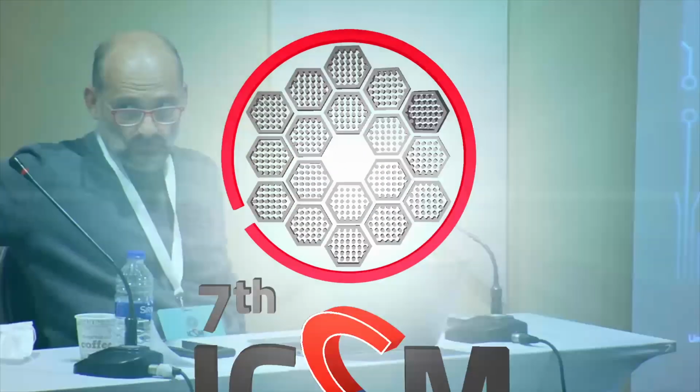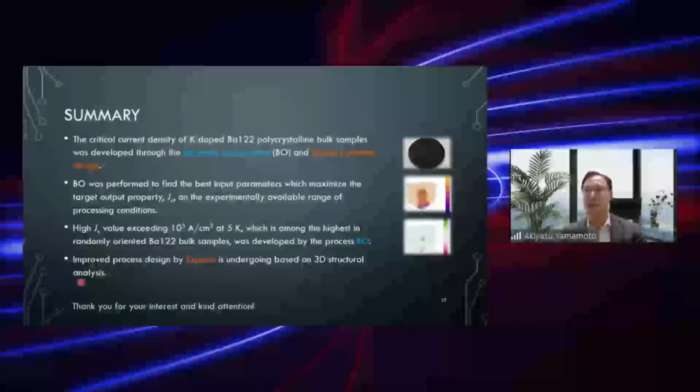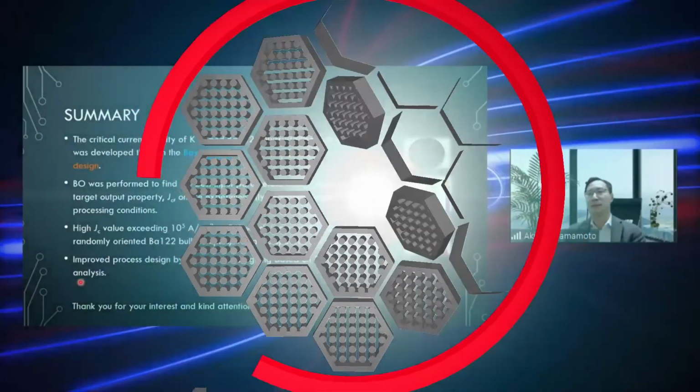So maybe we could not anticipate high trapped field. So right now we are planning to make larger size samples using the best conditions obtained from this Bayesian optimization and expert process design. And hopefully we could report trapped field data by the end of this year or next year. Okay, thank you very much.